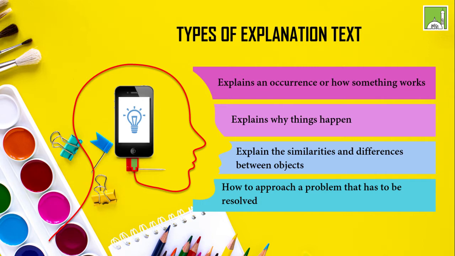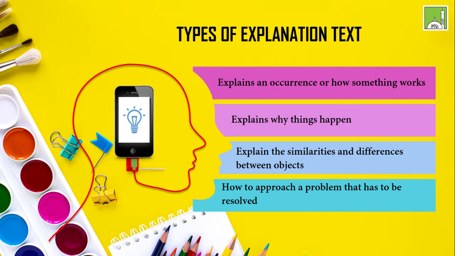And the other type is an explanation text that explains the similarities and differences between objects. For example, if you are going to explain augmented reality and virtual reality, you need to compare one to another. Then you need to use an explanation text.